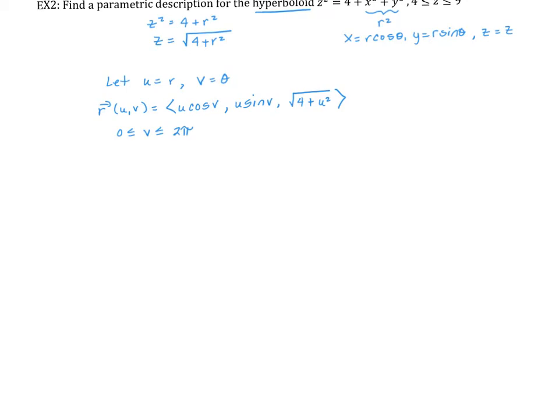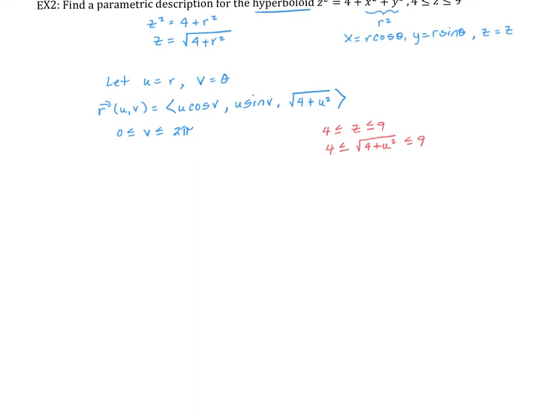So remember, u is equal to r, and I know that, I'll do this off to the side, that my z value goes from 4 to 9, and I know that z is equal to the square root of 4 plus r squared, or 4 plus u squared.